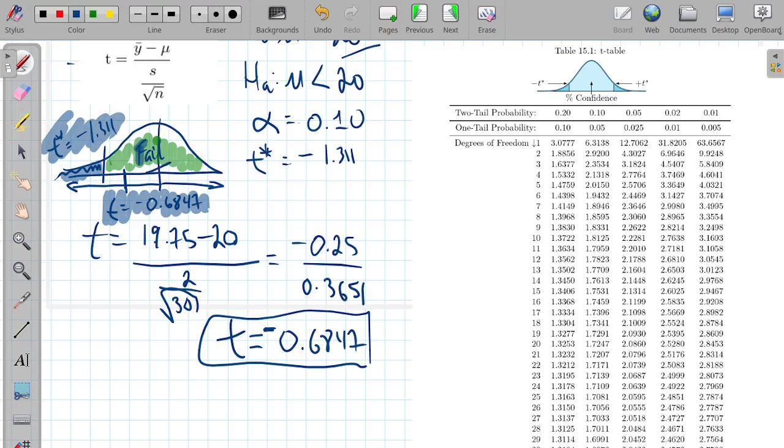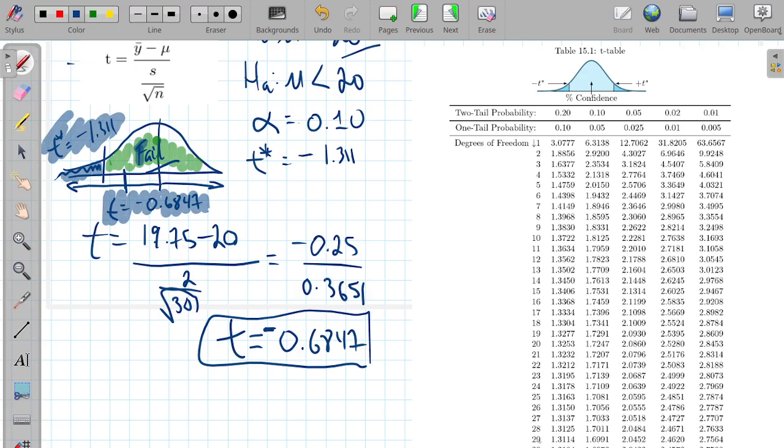So if this is the fail to reject region, our p-value must be very large. We can check that too, by the way. If we look on the t-table, which is actually right here, we can see it on the bottom. We have 29 degrees of freedom right there.